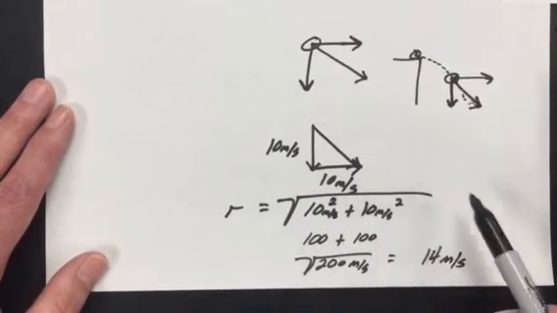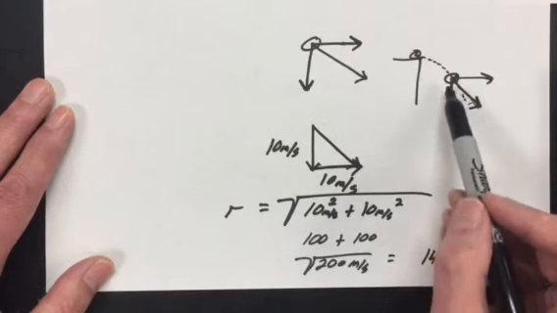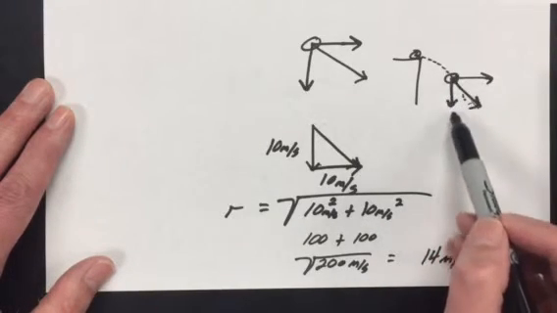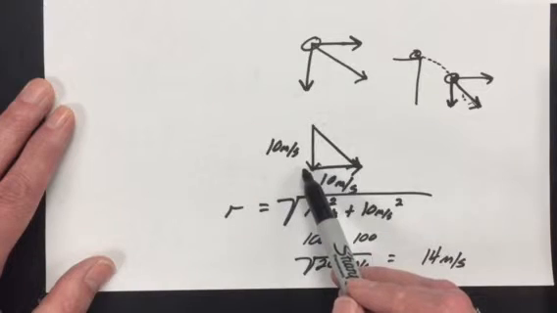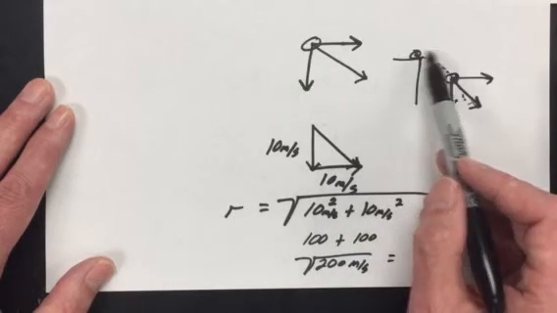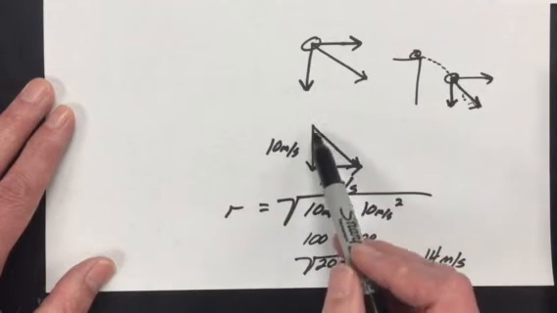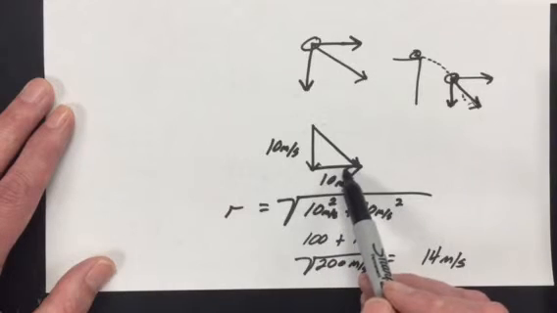So they made it real easy on us, and they said 1 second. So at 1 second, we know that he's traveling vertically at 10 meters per second. And he retains his same horizontal speed that he had, 10 meters per second. So this is one leg of our triangle, this is the other.